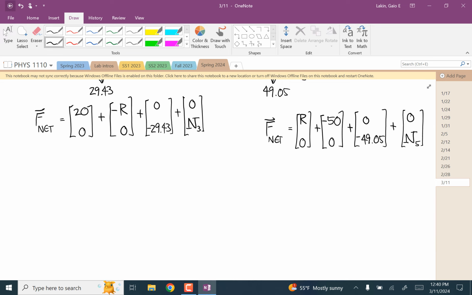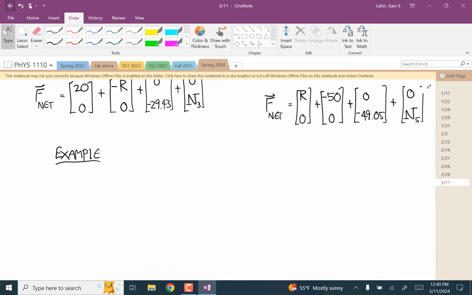Let's do one more example like this, and then we'll go on to how to use this in Newton's second law. So let's say we have an incline. Let's say both of these are inclines, but they're not at the same angle.